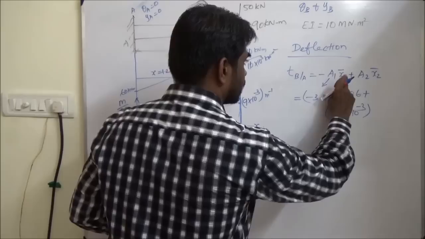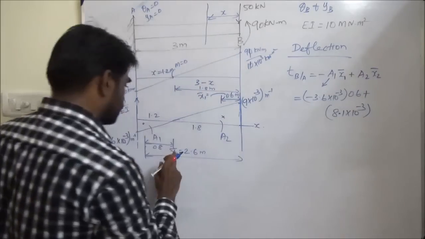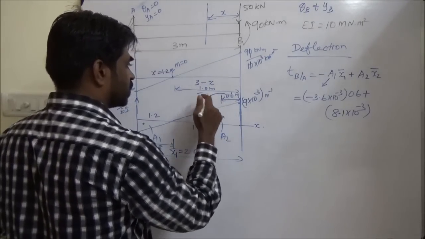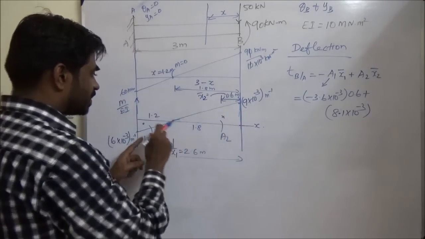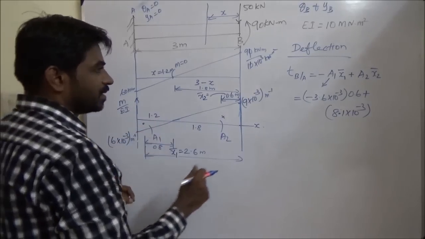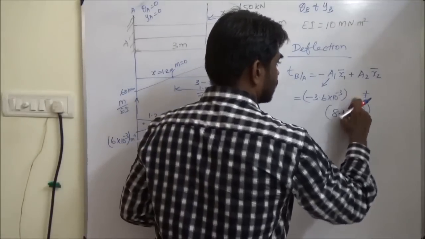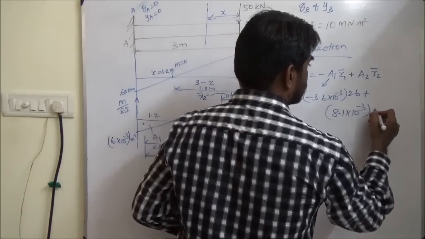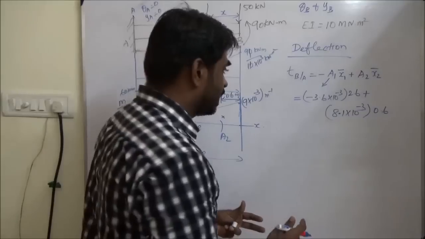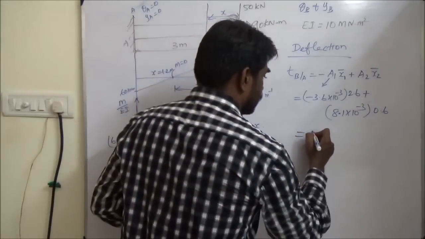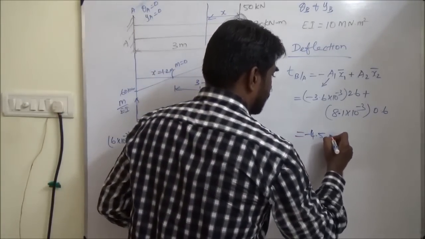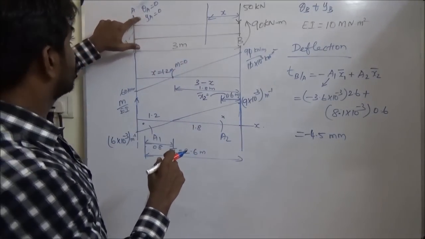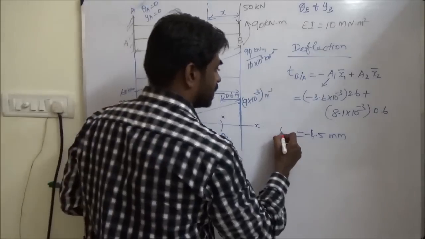This is x1 and this is x2 from here, because we have taken this as A1. So this is 2.6, this is 0.6. Finally we get minus 4.5 mm. What is this? Already we have set YA is 0, so it is YB.